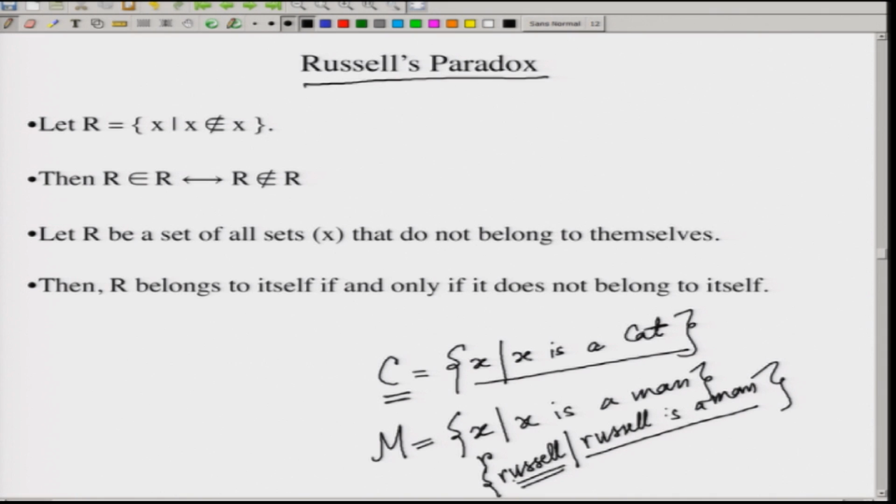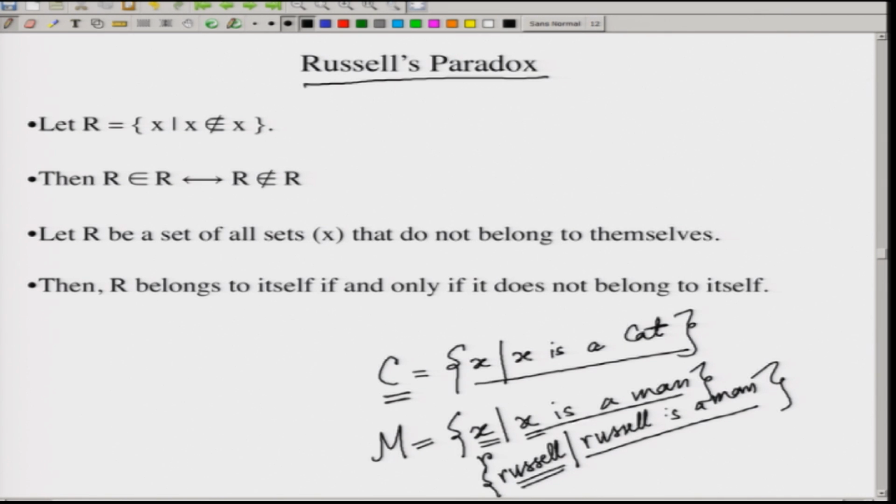Yes, it is true that Russell is a man, therefore, Russell is a member of that set, but for example, we can take, I do not know, Indira Gandhi. Now, if you plug in Indira Gandhi here, you see that Indira Gandhi is a man.